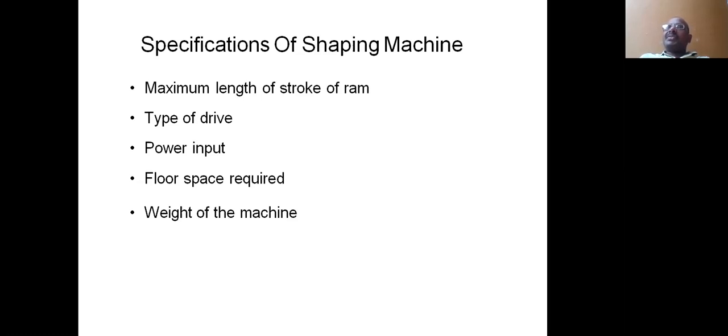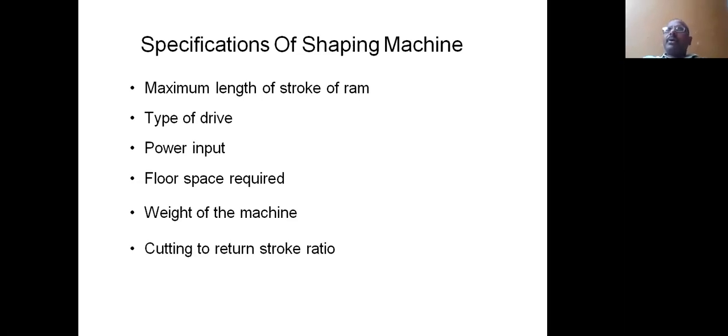But if its weight is very large, a tripod may not support the lifting. In that case, cranes or hydraulic jacks may be used to lift the shaping machine, either during loading or unloading. So that's why the specification of the weight of the machine is very important.